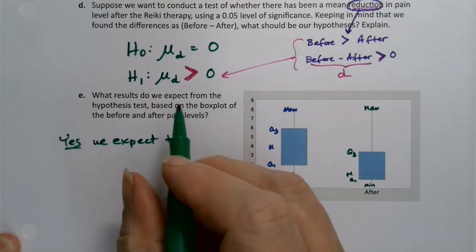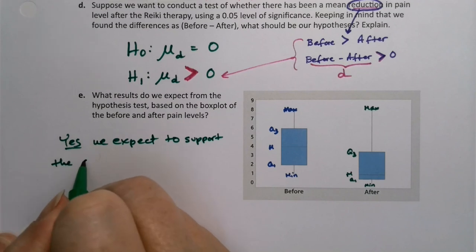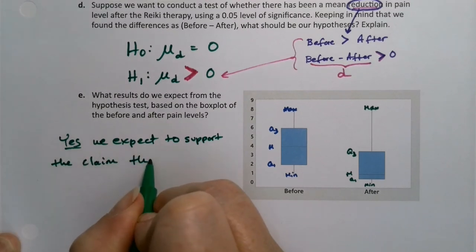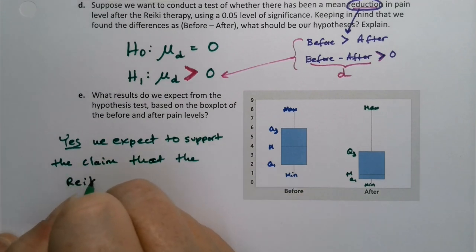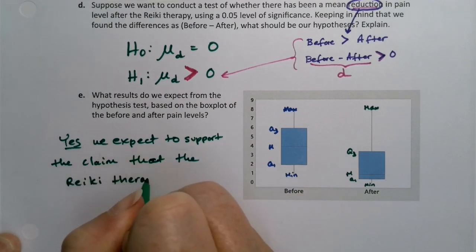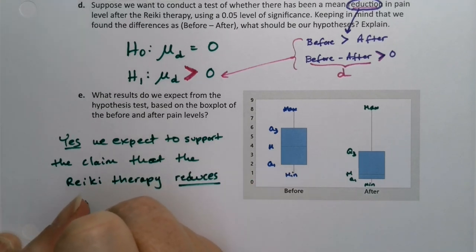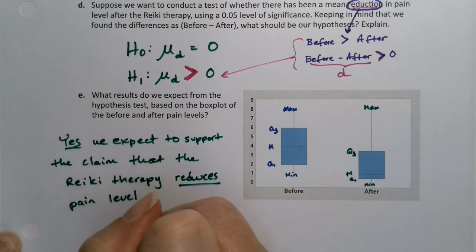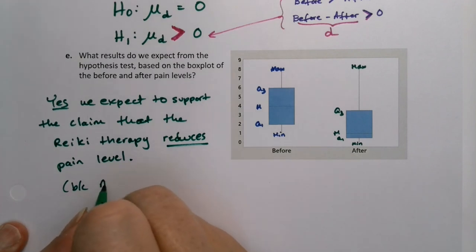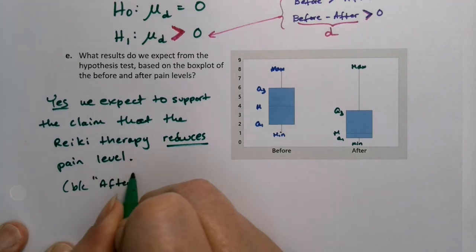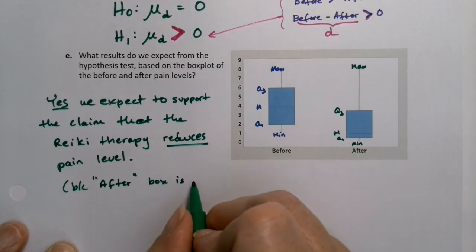to show, or to support the claim, that the Reiki therapy reduces pain. And you can see it because the after box is significantly lower than the before.